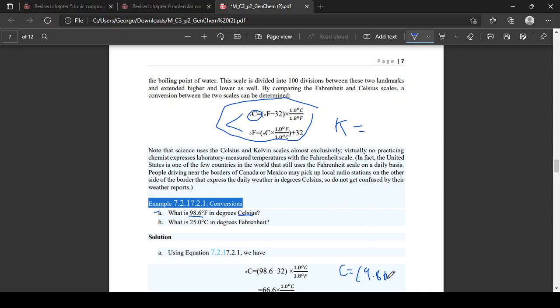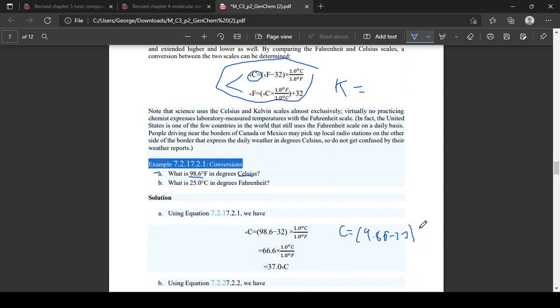Minus, ano na kabatang din? 98.6 minus 32 times 1.0 degrees Celsius over 1.8 degrees Fahrenheit. Degrees Fahrenheit na siya.